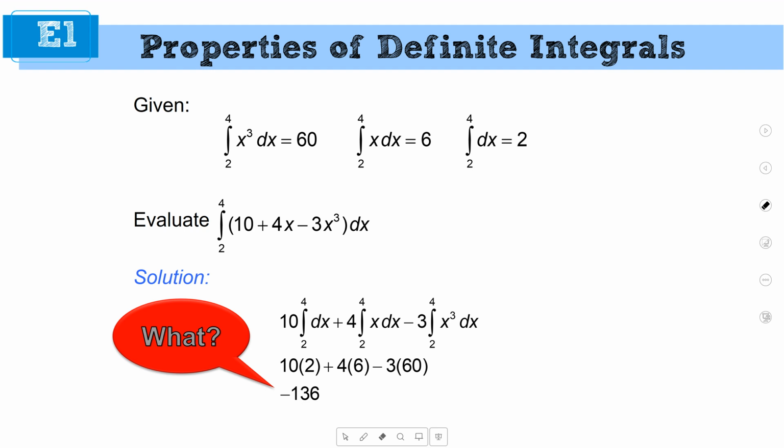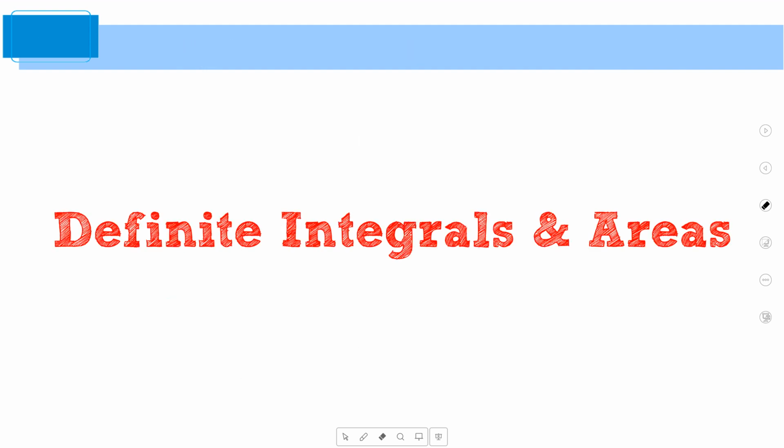All right, so where does the negative number come from? Below the x-axis, correct. When we're calculating areas under the curve, which is what a definite integral is, anytime it's below the x-axis, we will get a negative area.